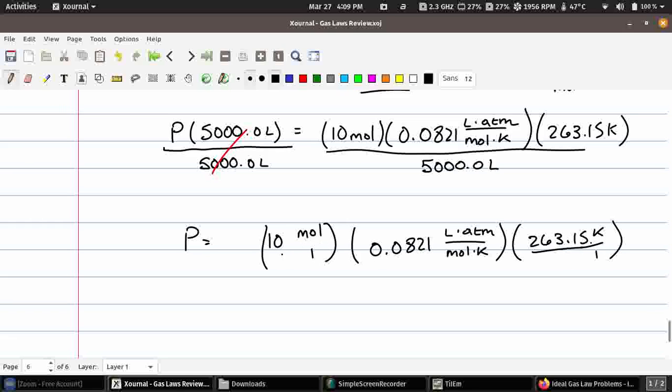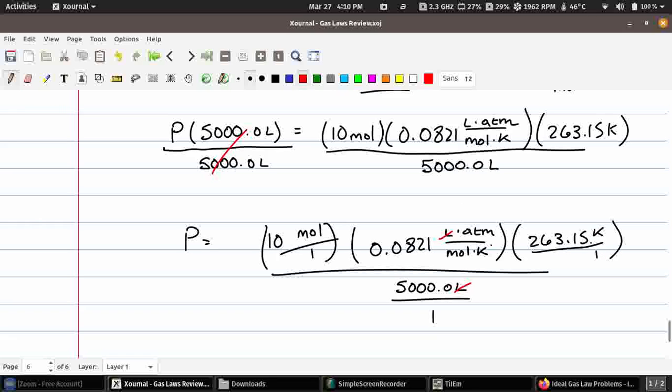And then we have 5,000.0 liters over 1. So the reason you write it like this is because when you're dividing by a fraction, you're actually multiplying by its reciprocal. So even though this is on the bottom, it's on the top here and top here. This will cancel.